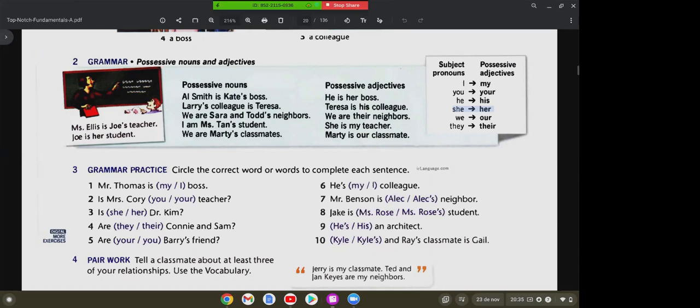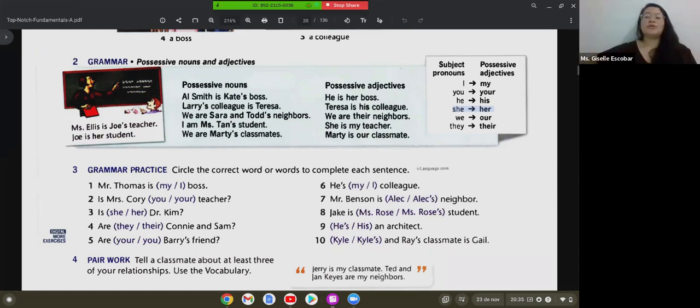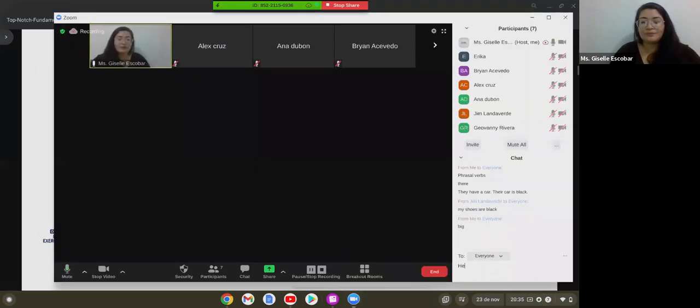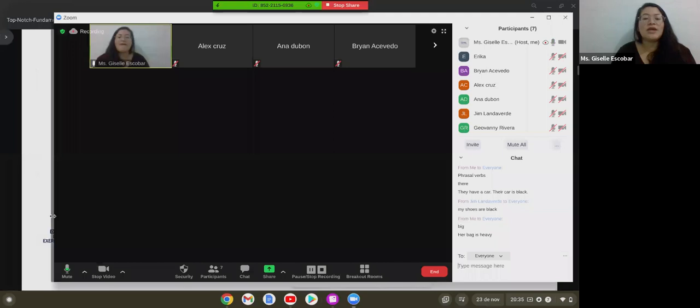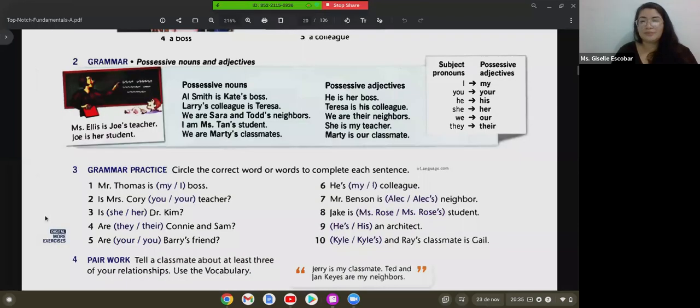Bolsón o bolso. Bolso, ¿sí? Su bolso es pesado. Her bag is heavy. Let me write that for you. Her bag is heavy. Awesome, thank you.